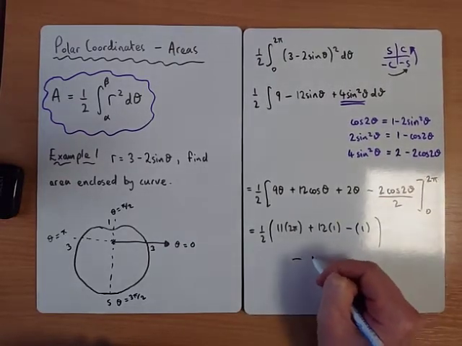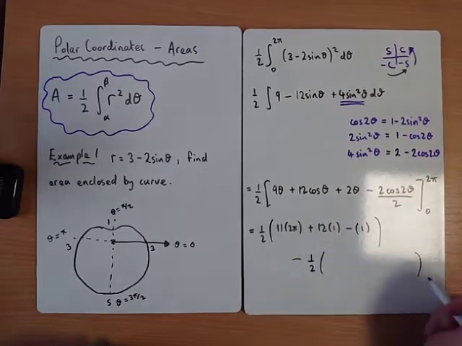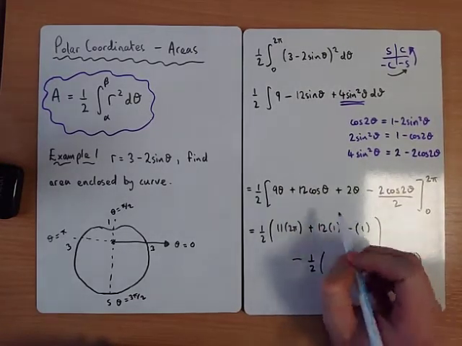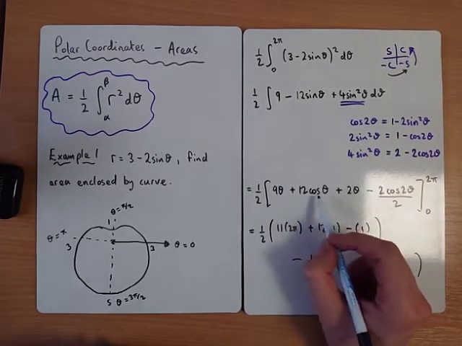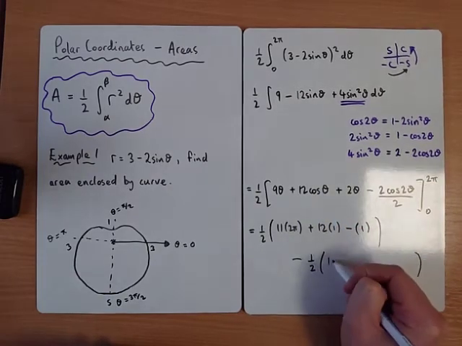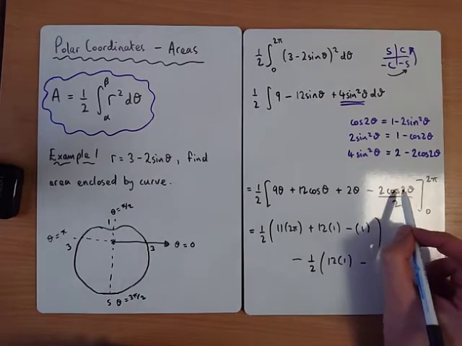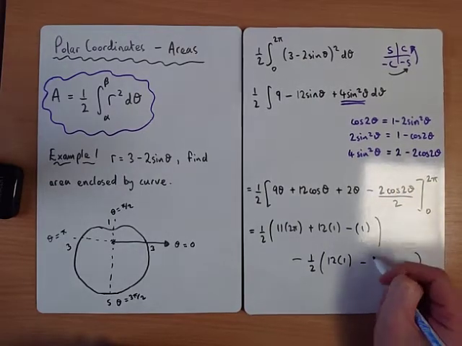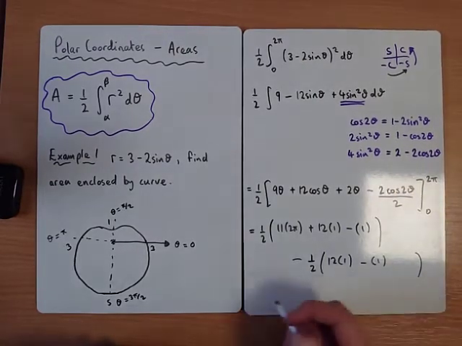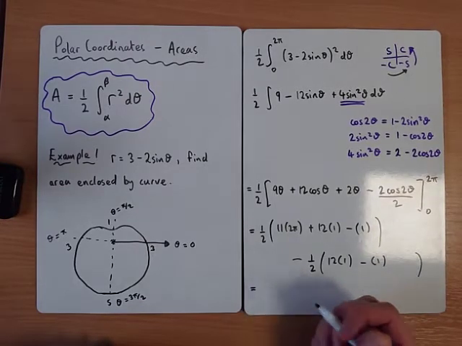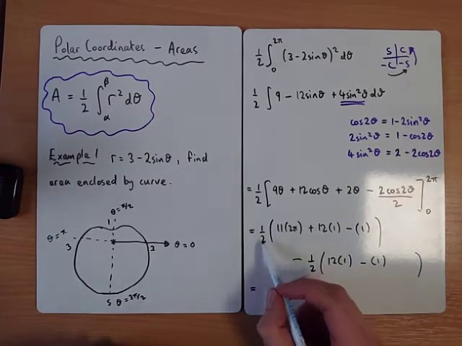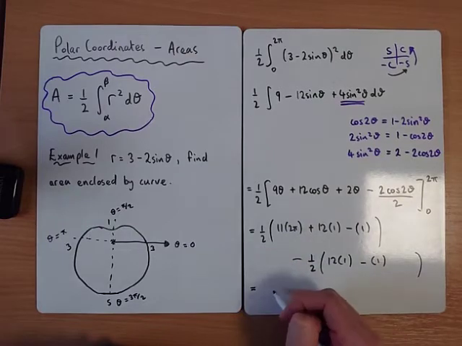Minus, when we sub 0 in, 0. Cos of 0 is 1, minus cos of 2 times 0, which is cos of 0, which is also 1. Okay, so just tidying this up, we would get 11 pi.